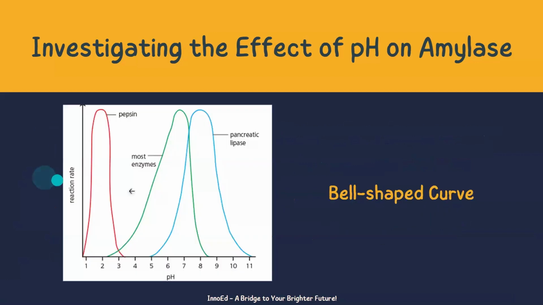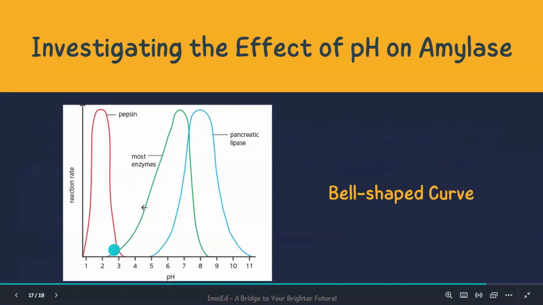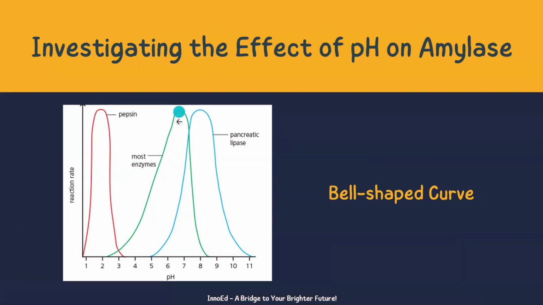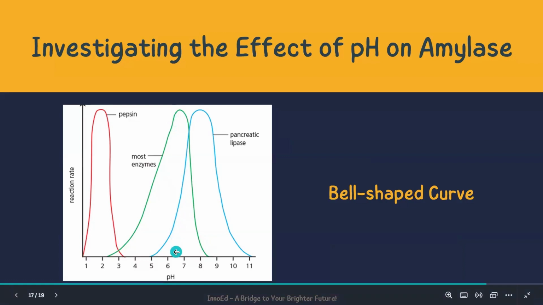So you can see those examples in this graph. The middle one, the green curve, is for most enzymes. The highest reaction rate is found around pH 6.5, so it can be rounded up to pH 7. So this is for most enzymes.